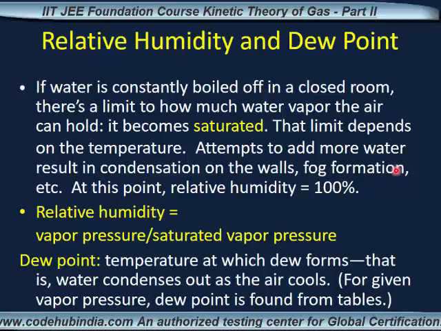So what is relative humidity? That is the vapor pressure divided by the saturated vapor pressure of the air. That is the ratio. And the dew point: you might have understood what I told you, that above the saturation point the water vapor mixing in the air causes the dew point.